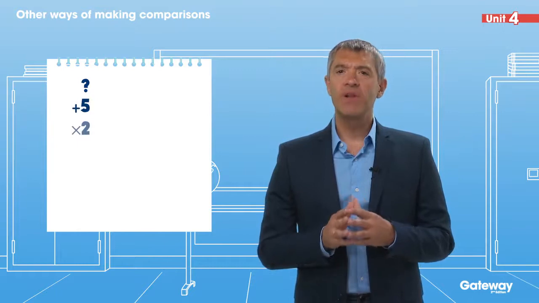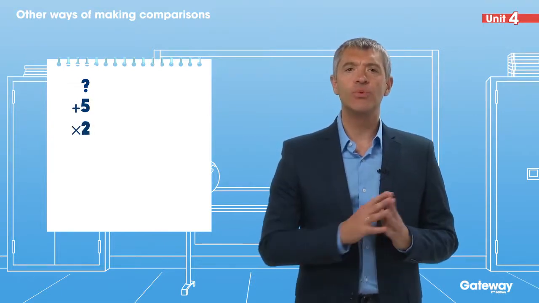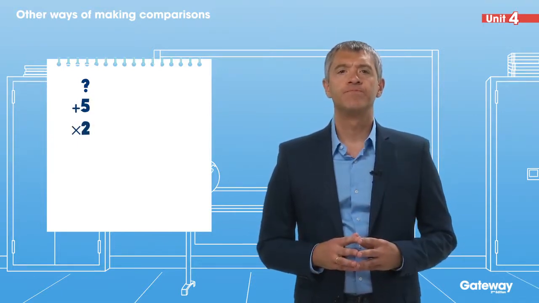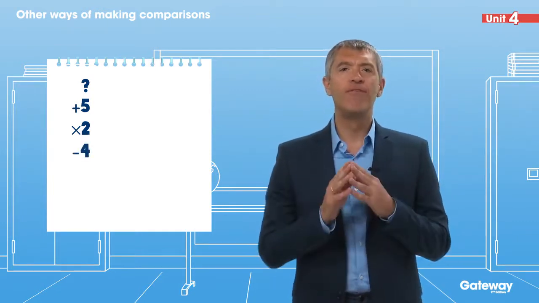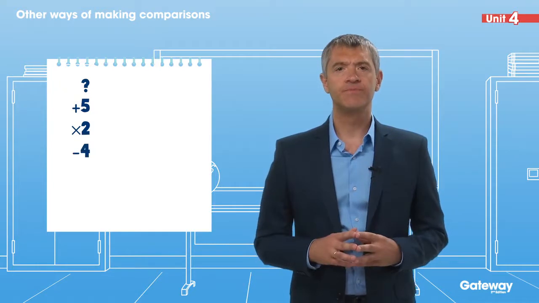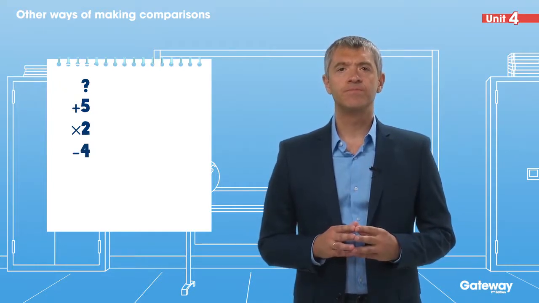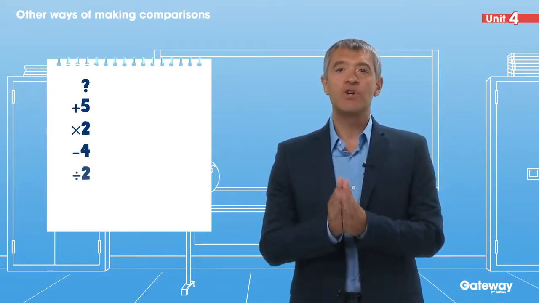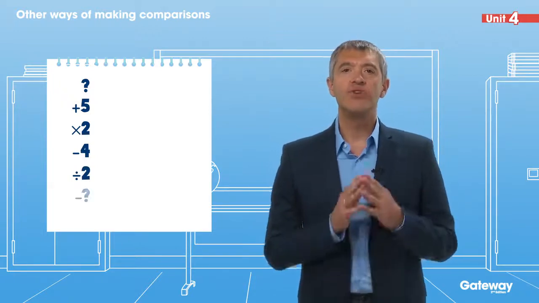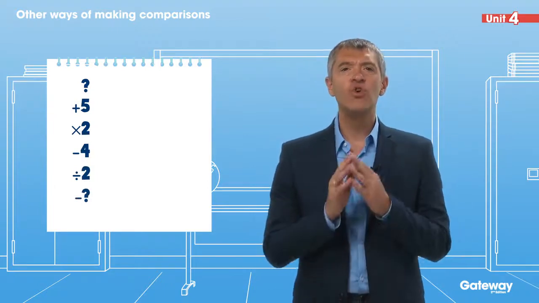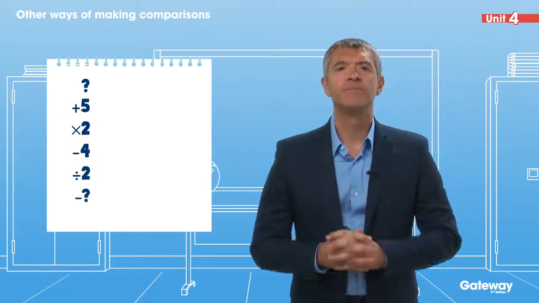Now multiply that number by 2. Now take away 4 from your total. Divide the total by 2. Finally, from the new total, take away your original number.